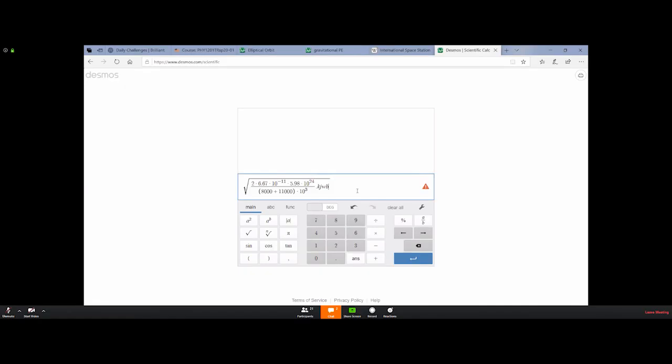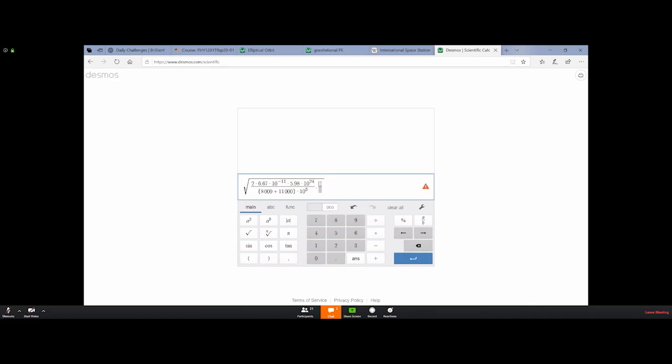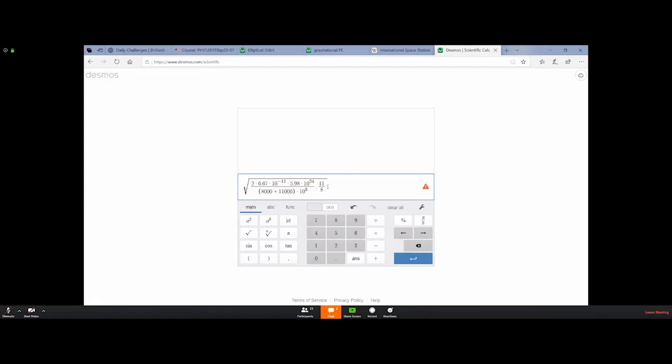I'm just trying to get a fraction right here. Okay, this is what I'm looking for. And what am I going to put on top? For V1, I'm going to put 11,000 over 8,000. Basically, I'm just going to write 11 over 8 because the rest will cancel out, right?